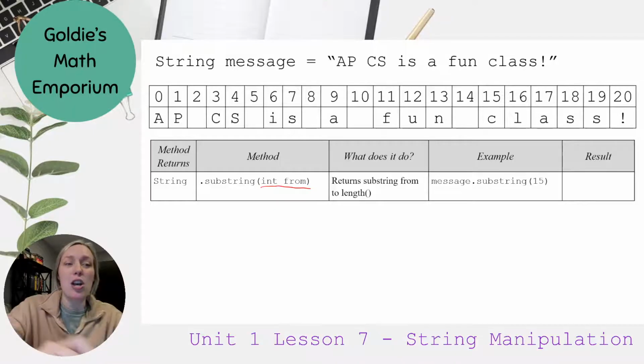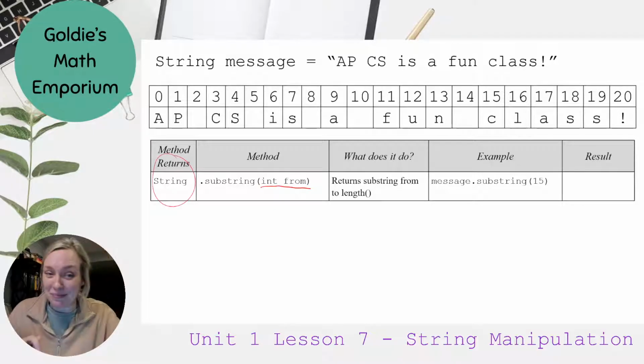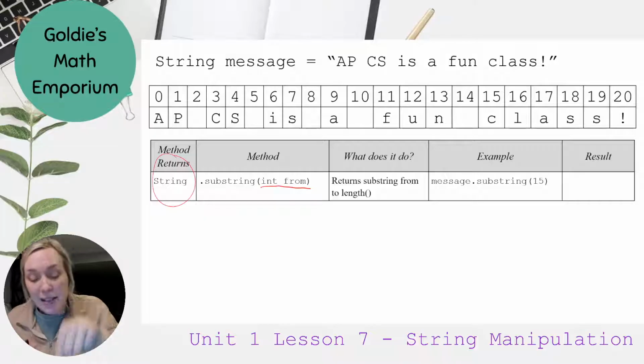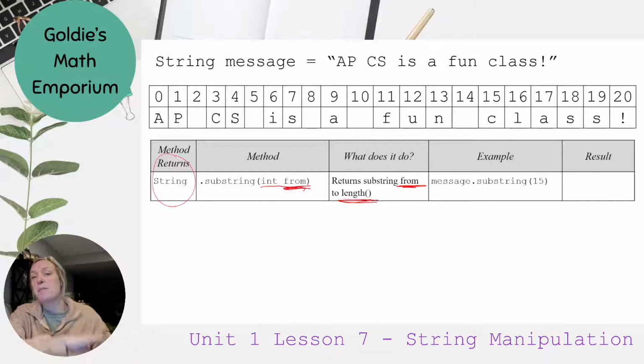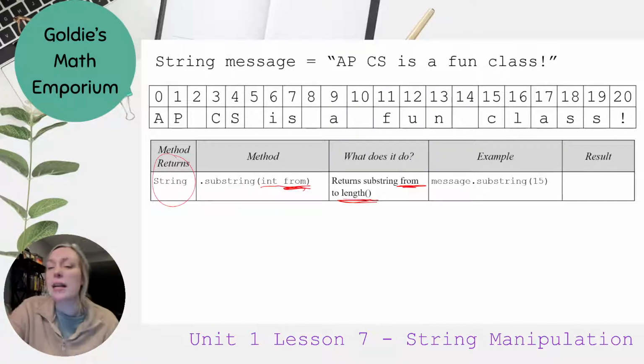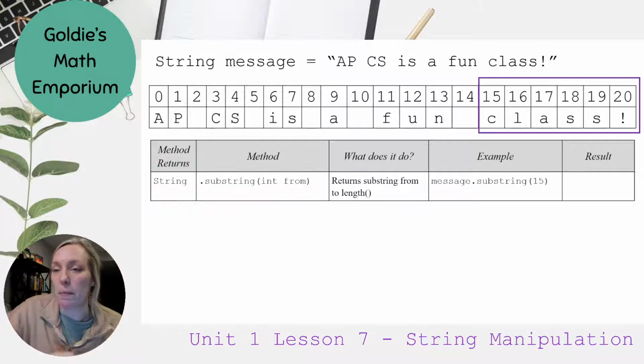So substring returns a string, and you just pass it 1 index. It returns the substring from whatever index you gave it to length, meaning all the way up to length minus 1. So if I say message.substring(15), 15 starts here, up to length.